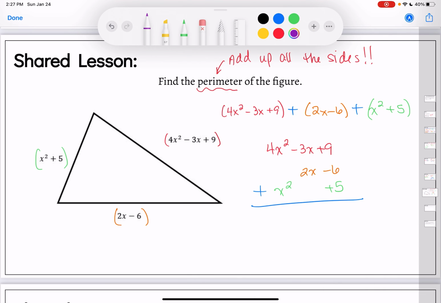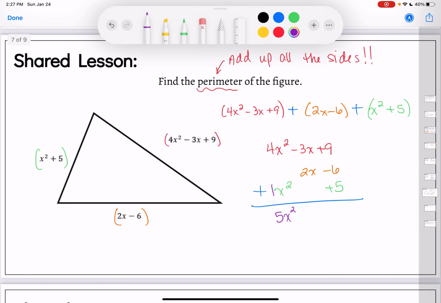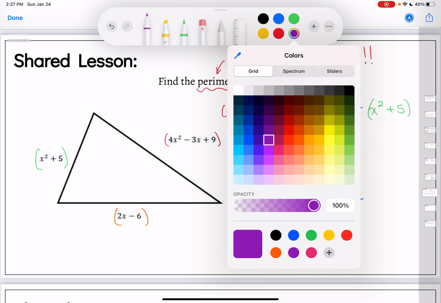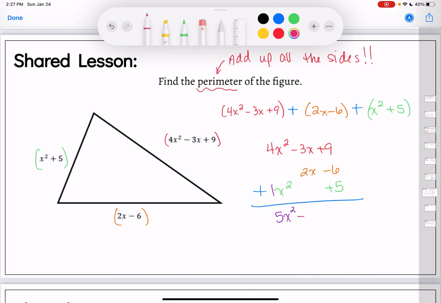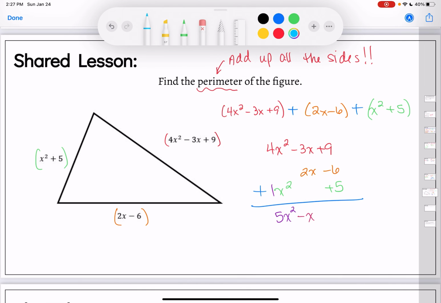So I have 4x squared plus 1x squared gives me 5x squared, right? I have negative 3x plus 2x gives me negative 1x. Now you could write negative 1x, or you can just write negative x. That works too. And then I have 9 minus 6 is 3. 3 plus 5 is 8.